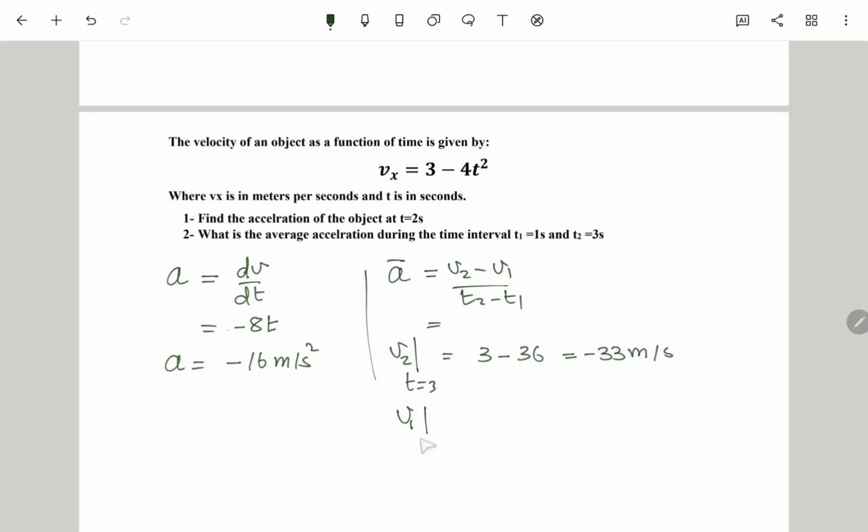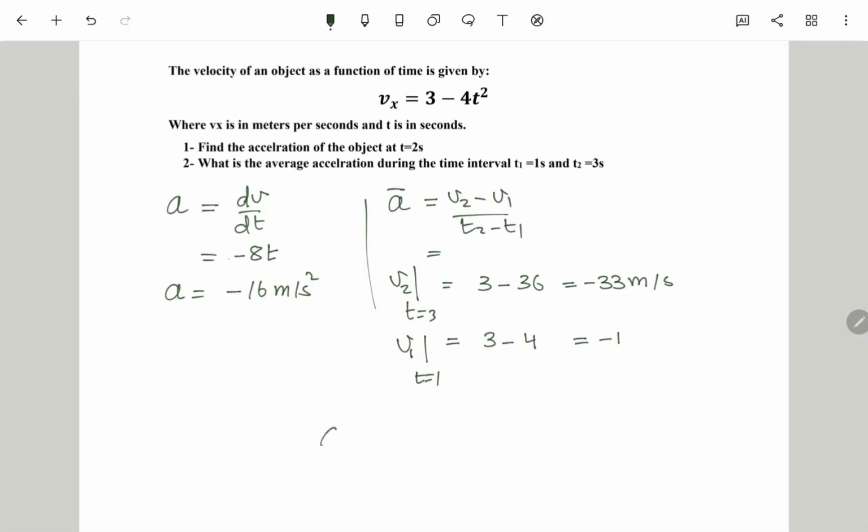Now v1, when t equals 1, is 3 minus 4, which is minus 1. So the average acceleration equals minus 33 minus minus 1 over 3 minus 1, which equals minus 32 over 2, which is minus 16 meters per second squared.